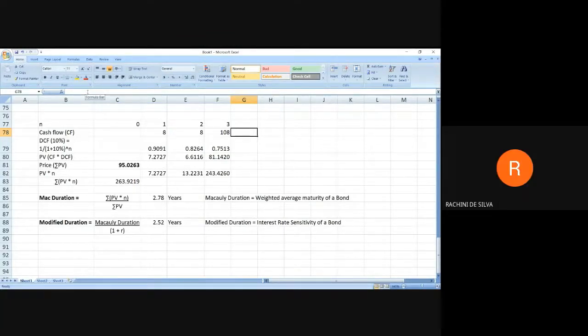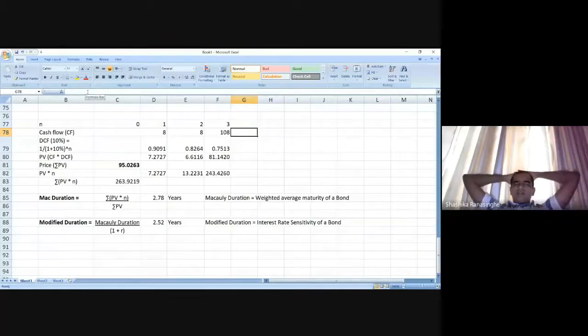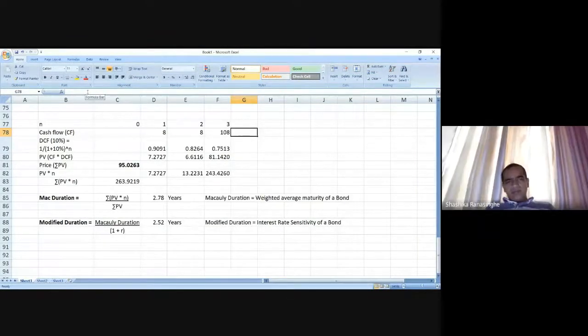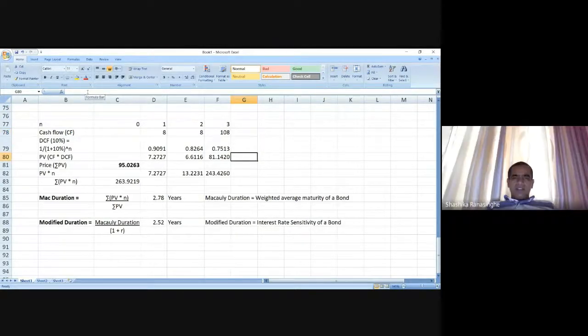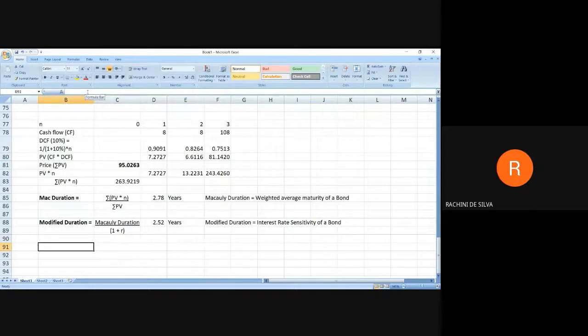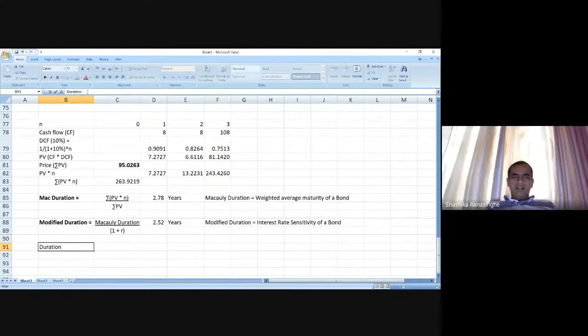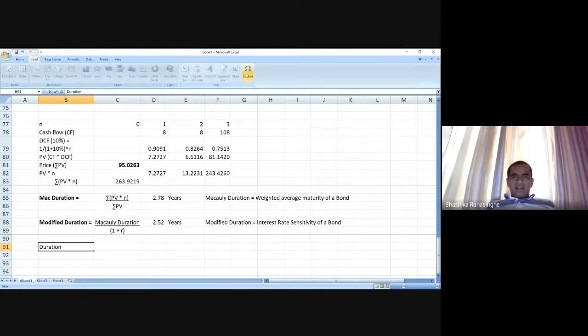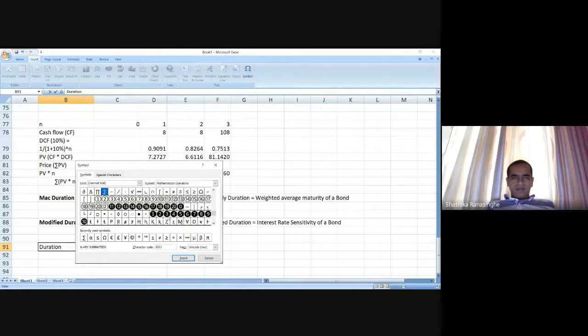Can never be more than maturity. Very good. Yeah, duration can never be more than maturity. Maximum duration is equal to maturity, in which case? Zero coupon. It's a zero coupon bond, right? Yes, very good. You all are beginning to understand the concept of duration.